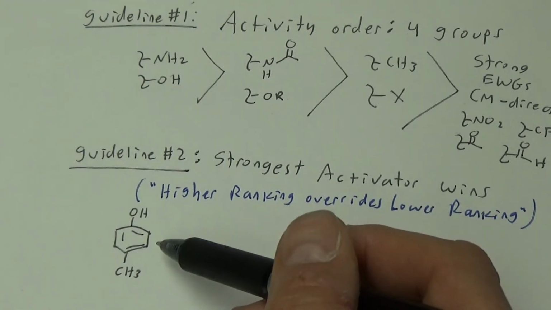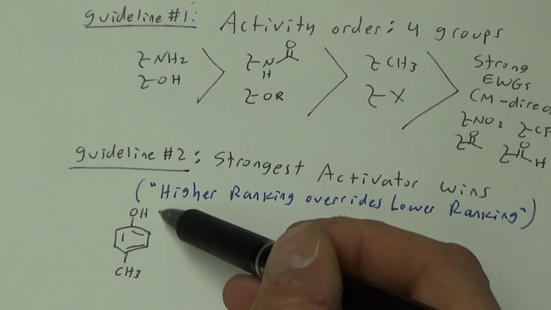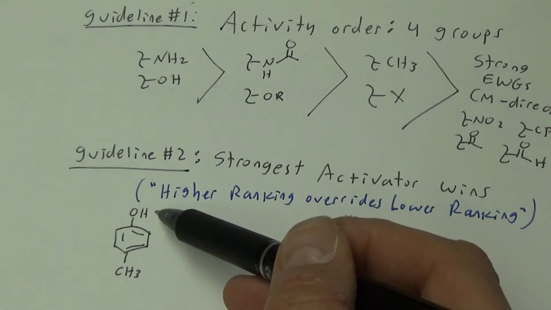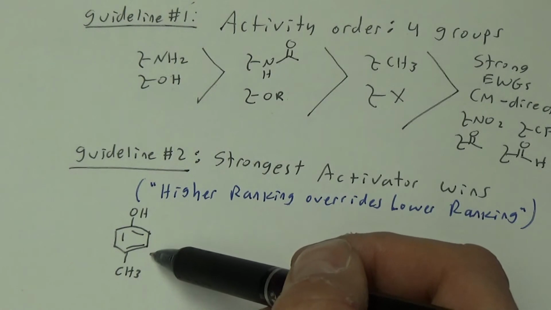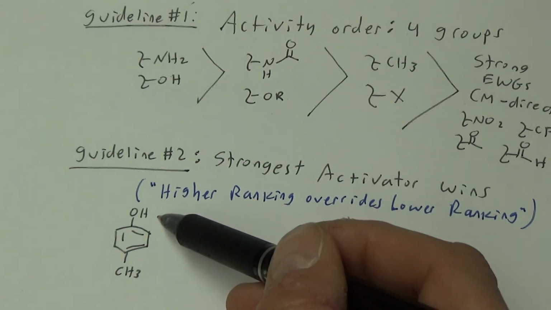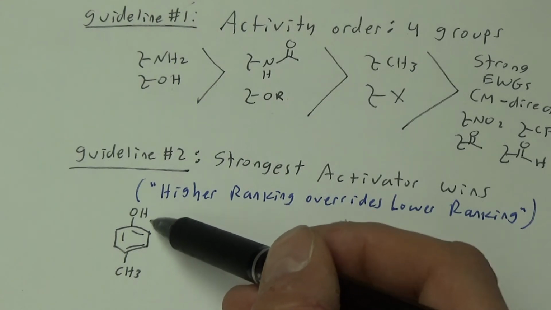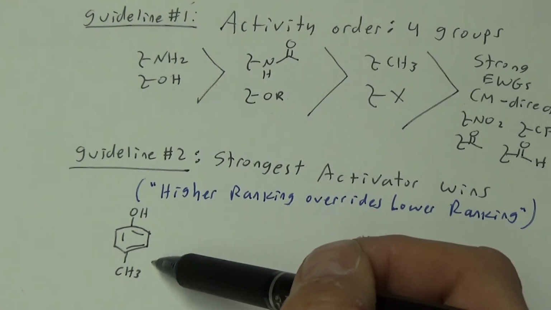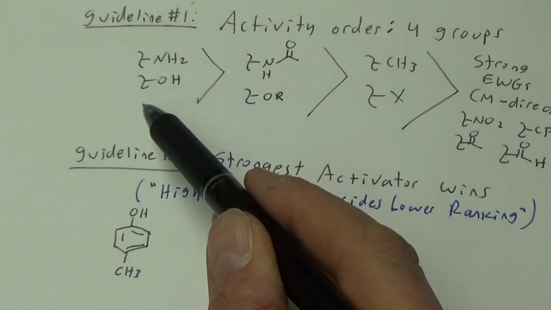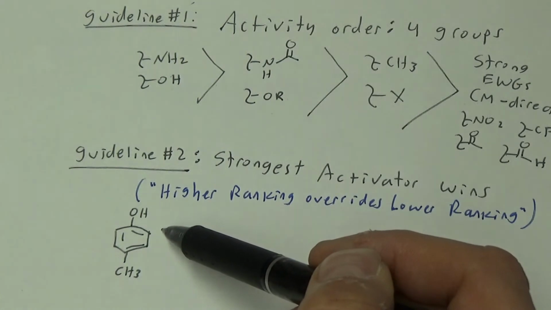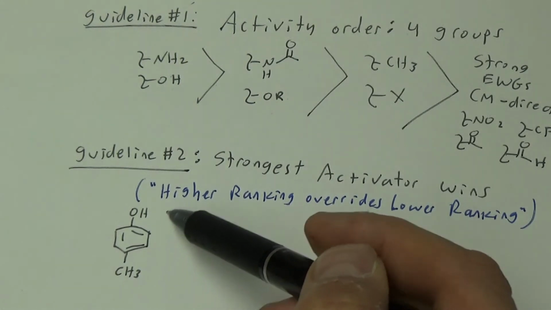What kind of director is CH3? Well, that's an ortho-para director, that's an ortho-para director. So they're both saying ortho-para relative to each other, but one of these is super active and the other's not. So, who's the greatest activating group? OH, so the OH gets to decide. That's what I'm trying to say here.